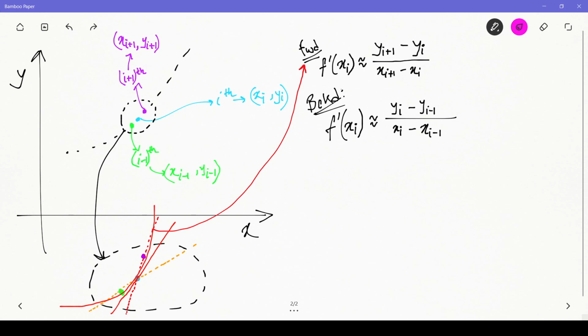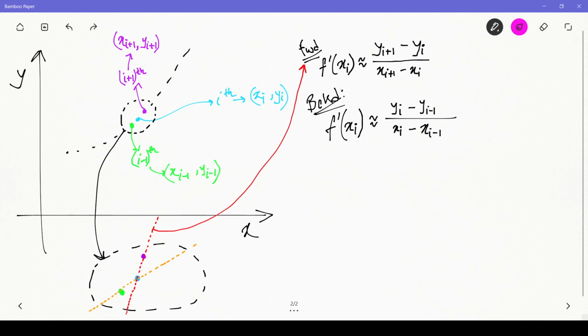So our forward difference is giving us this red dotted line, and our backward difference is giving us an approximation which is the slope of this orange dotted line over here. And the actual tangential slope at the blue point is somewhere in between, right? So that's where the birth of the central difference formula came.